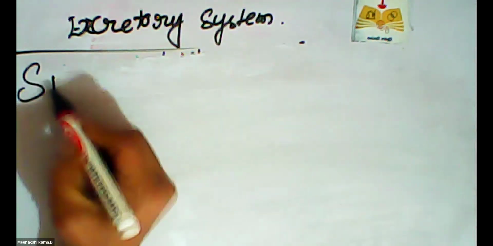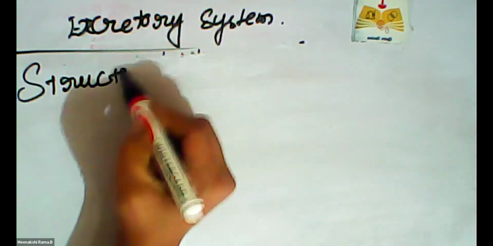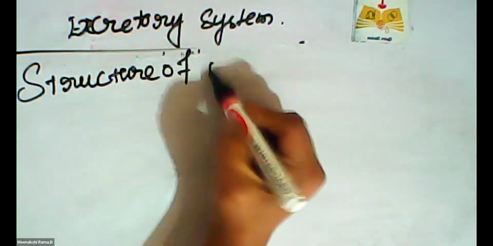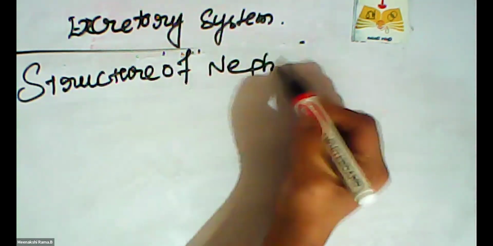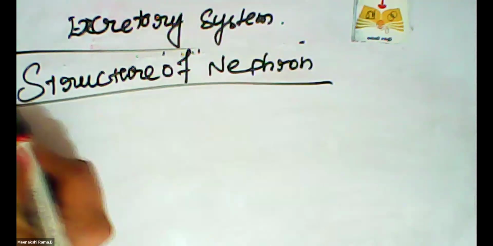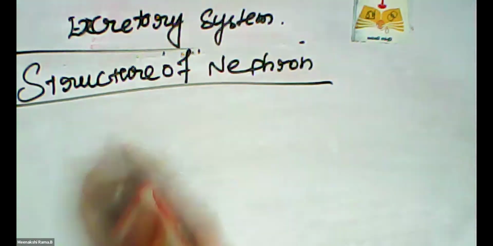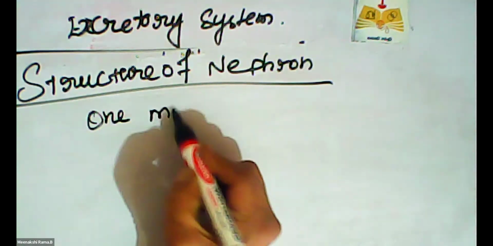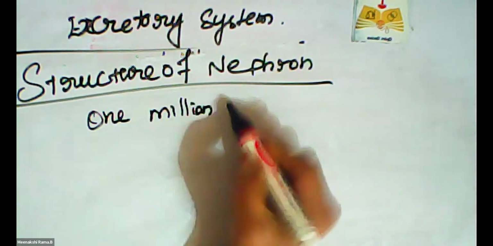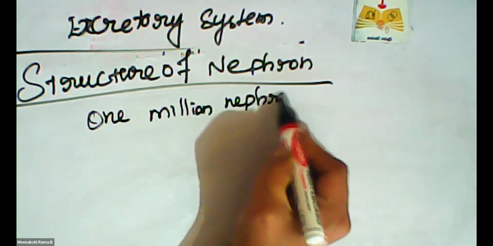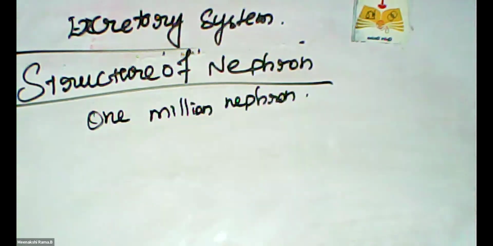So next topic is structure of nephron. So nephron means each kidney consists of more than 1 million nephrons. What is the function of nephrons?